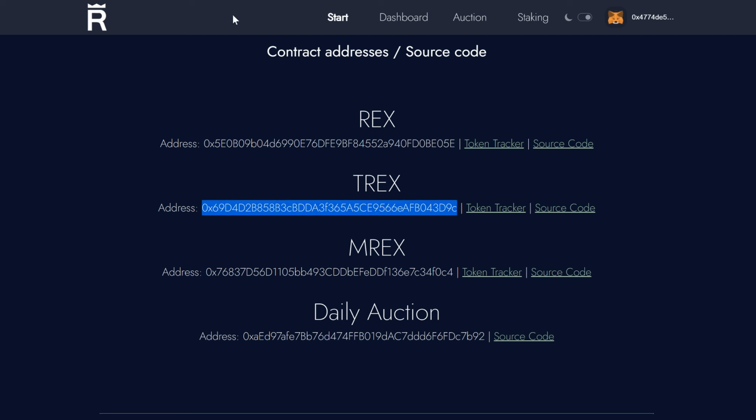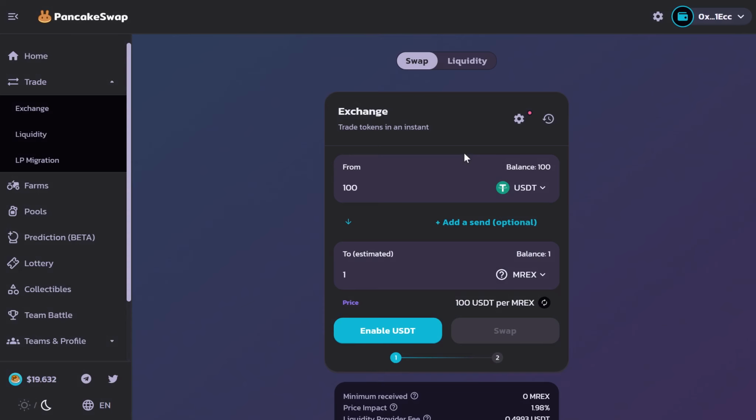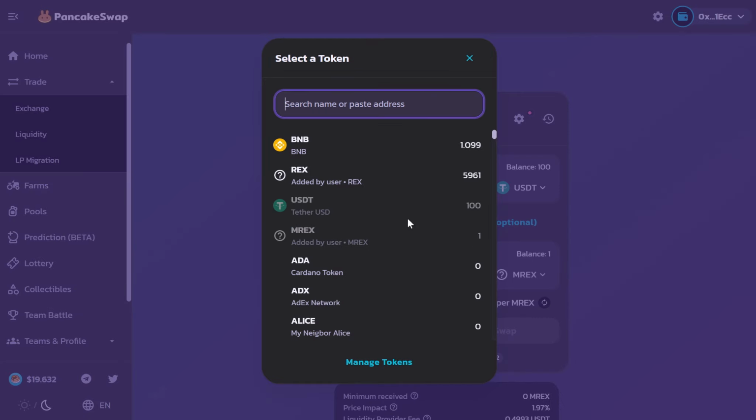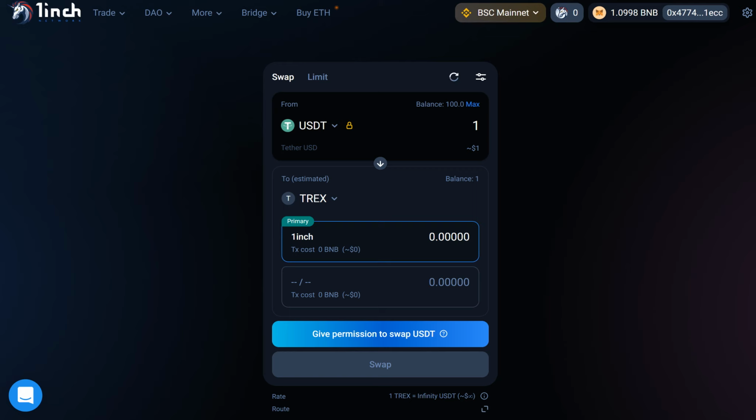Okay. Bear with me, guys. It doesn't show. Anyhow, at least you can see with 1inch that it works. So that's basically how you can obtain TREX right now, through the aggregator 1inch.